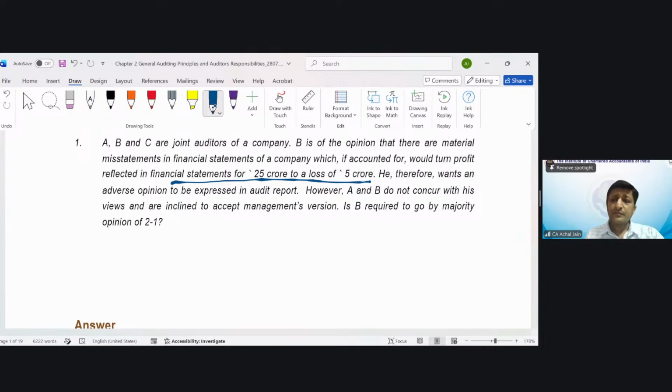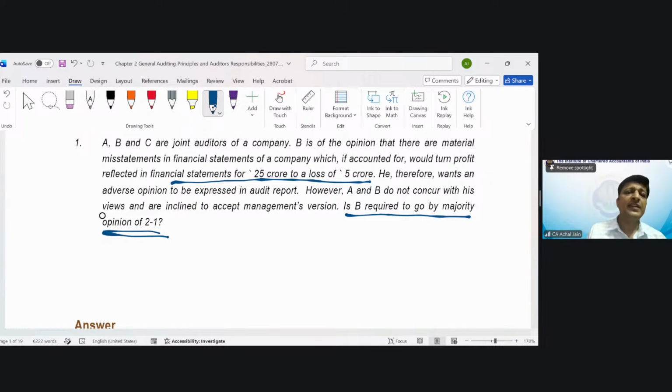However, A and C do not concur with this view. So B has a different thought process. A and C have a different thought process. Now, in this case, the question arises, is B required to go by the majority opinion? Why?